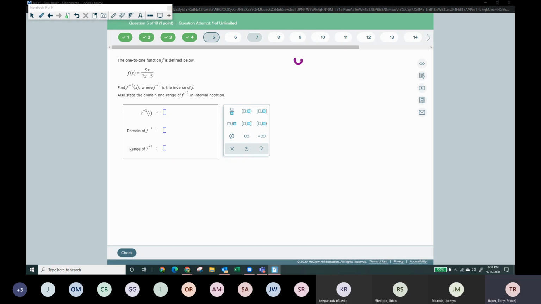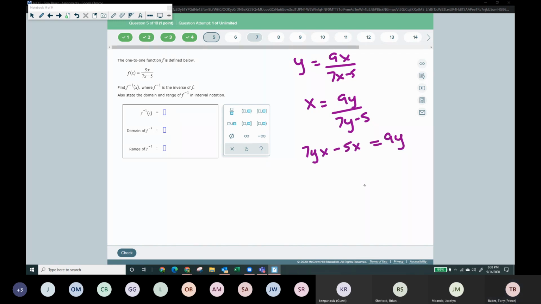So we've got y equals 9x over 7x minus 5. So I've got x equals 9y over 7y minus 5. So now I'm going to get rid of the bottom. So I have 7xy minus 5x equals 9y. I'm going to move my y's over to one side.